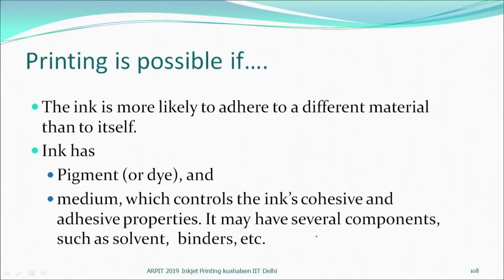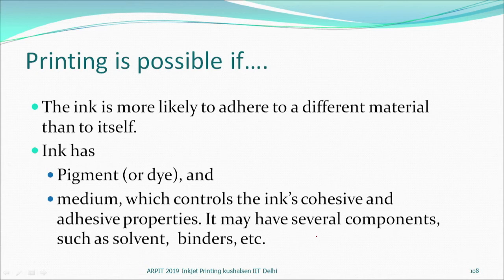Let us see. Printing on a textile is possible if the ink is more likely to adhere to, let us say, different material in the textile than to itself. So, the cohesive forces within the ink should be balanced against the adherence, which is the adhesive forces.